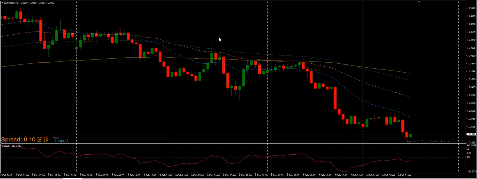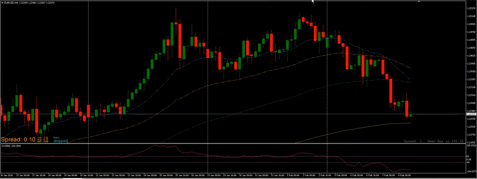Why? Because all those moving averages are looking downwards and the price is underneath the first moving average, 20. But if we switch back to the 4-hour chart, let's do that. Actually, our trend is looking up, but it is consolidating.